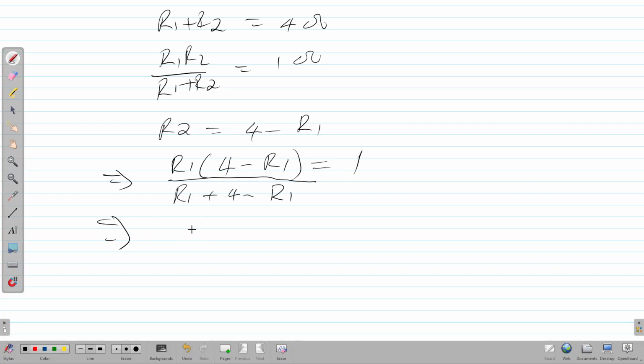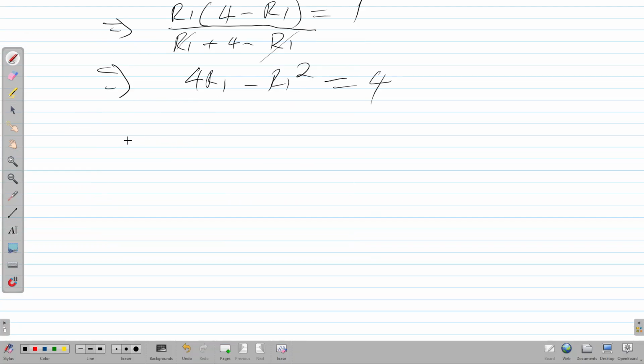So that means that 4R1 minus R1 squared is equal to, R1 and R1 cancel out here, I have 4. So I'm going to take this to the right-hand side and leave everything on the other side 0.